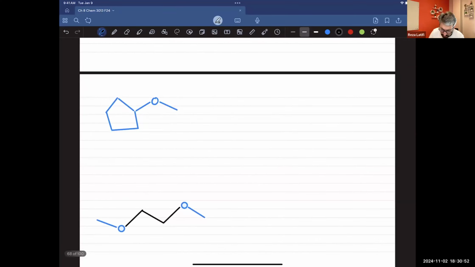Next one. Let's check both sides of the oxygen. This is our oxygen. We have cyclopentane and methyl. One way to name it is to say this group is cyclopentane, which is attached to oxygen.